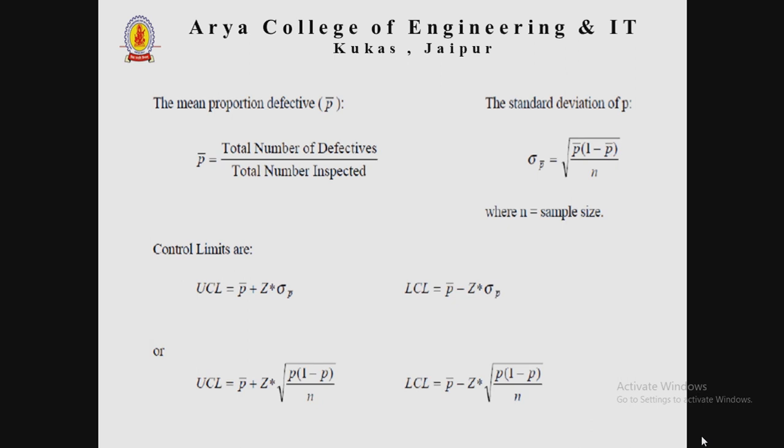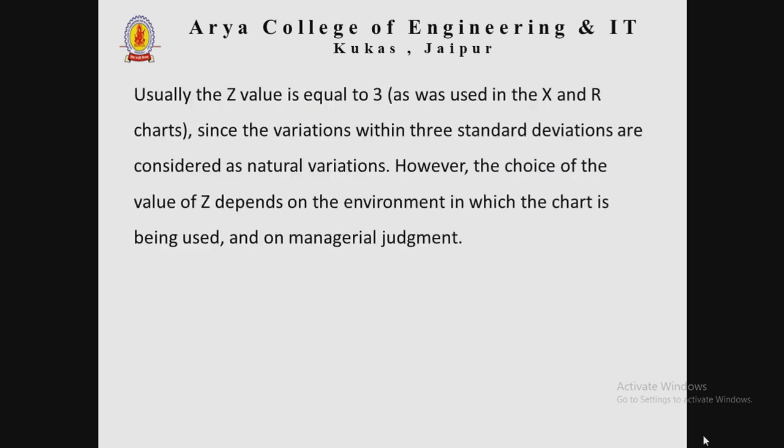Now we can calculate the UCL as P bar plus Z into sigma P bar, and the LCL as P bar minus Z into sigma P bar. Or putting the value of sigma P bar in UCL and LCL, we get the UCL equal to P bar plus Z into root of P bar bracket 1 minus P bar bracket close upon n, and similarly we can calculate the LCL.